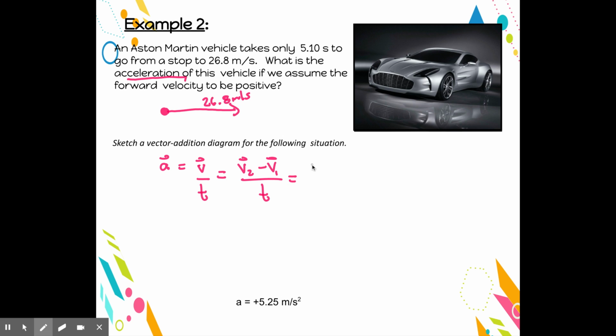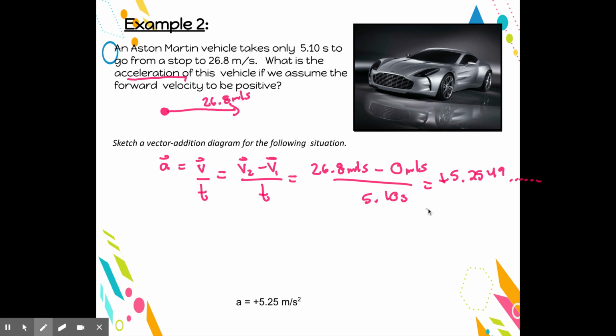So I go from 26.8 meters per second. My original was 0 meters per second. It's not moving. Divided by 5.10 seconds. And I should get, okay, positive 5.2549.